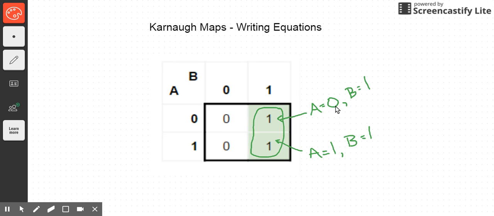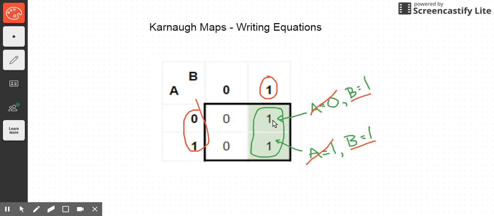All right, so here A is 0, here A is 1. So it's not consistent for every cell in that group. So I ignore A. All right, but I can see that B is 1 for every cell in that group. So that is the key thing that I want to remember, that B is 1. So again, I'm looking here, A changes, and B is always 1.